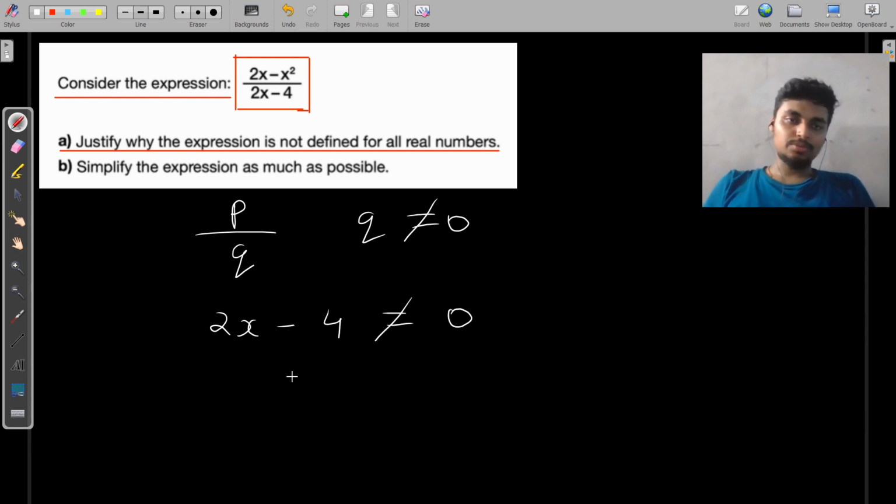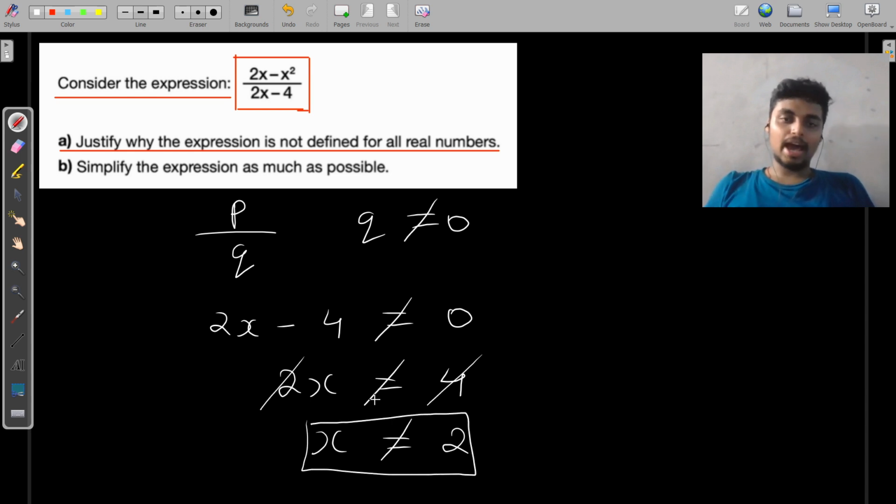If we send 4 from here to the right-hand side, it will become positive. And if we cancel, x can't be equal to 2. So as per this equation, we can state that x can be any value except 2. 2 is not acceptable here, 2 is not allowed here.